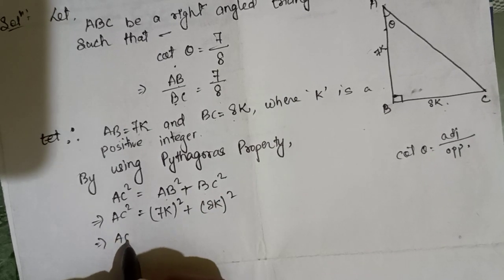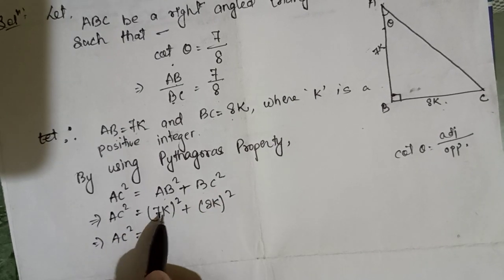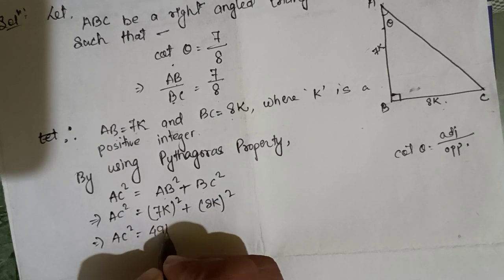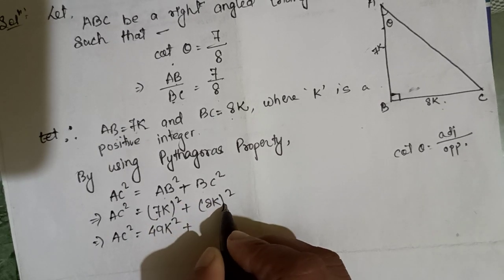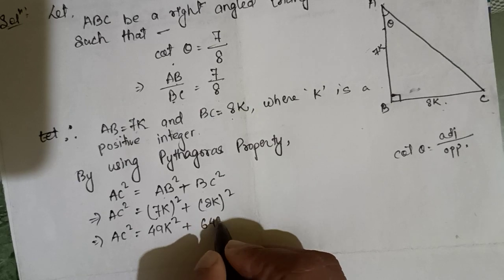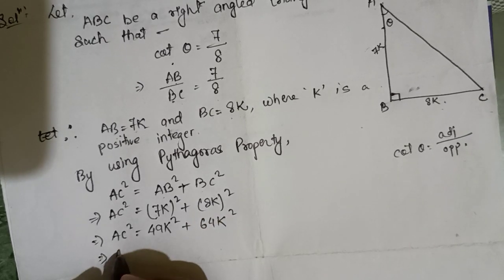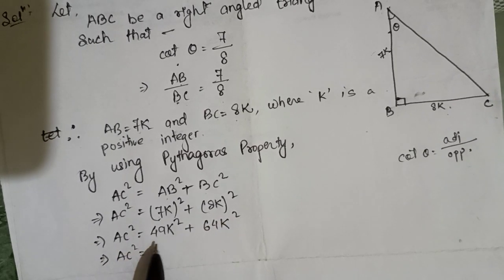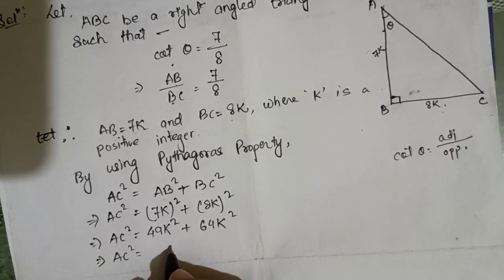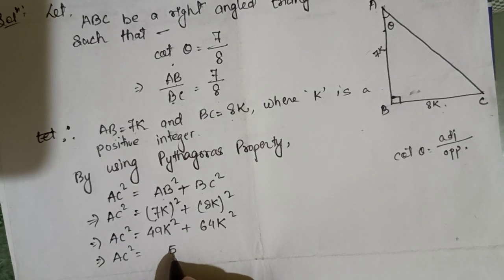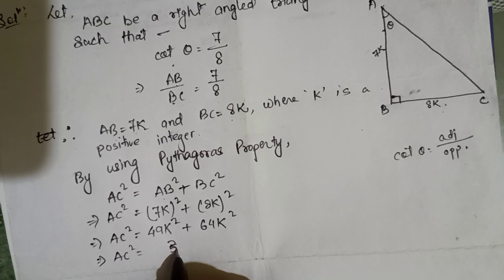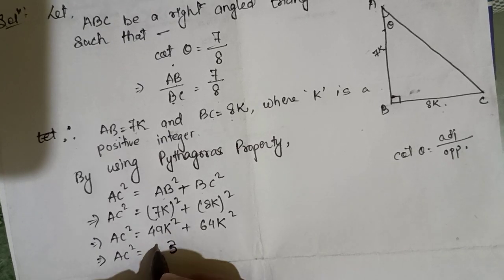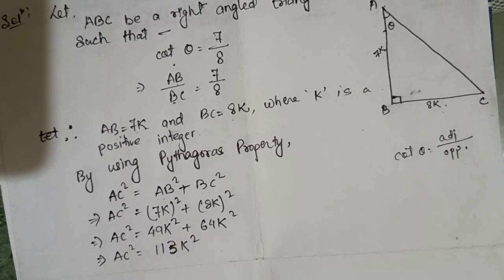This implies that AC square equals the square of 7, which is 49 K square, plus the square of 8, which is 64 K square. If we add these two, we will get 113 K square.